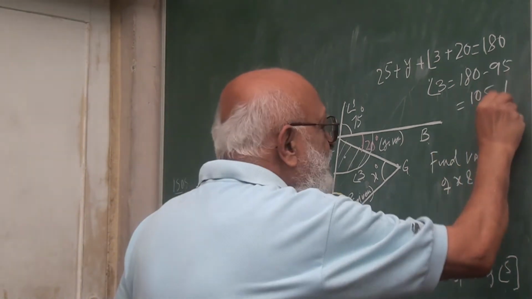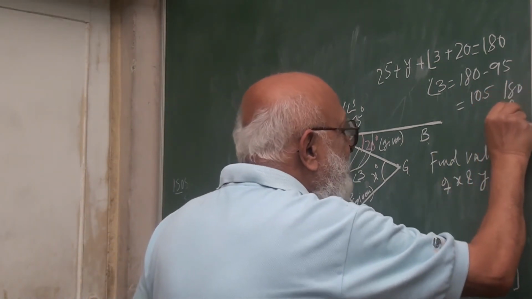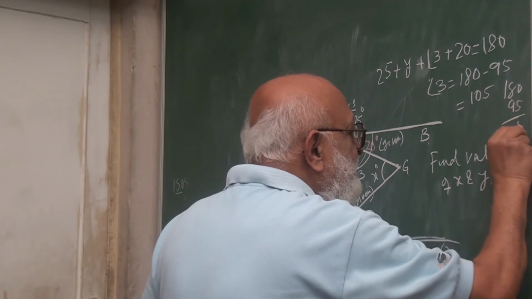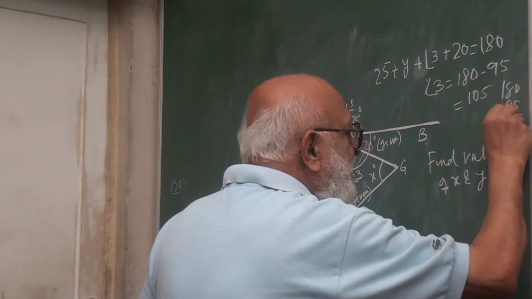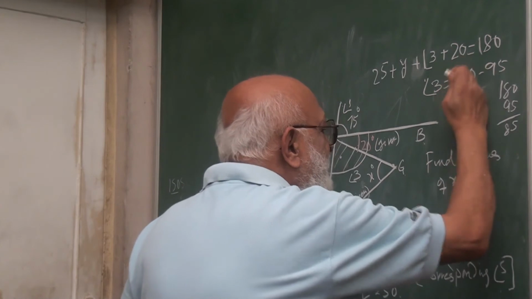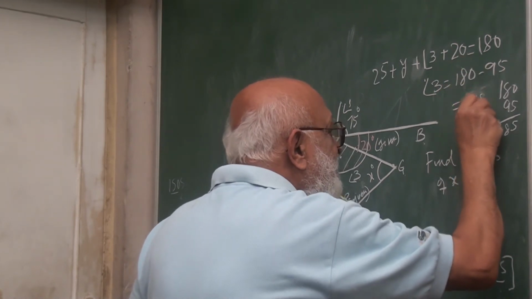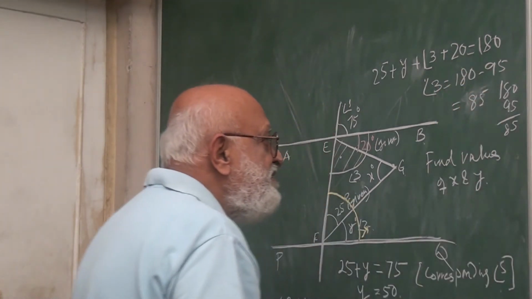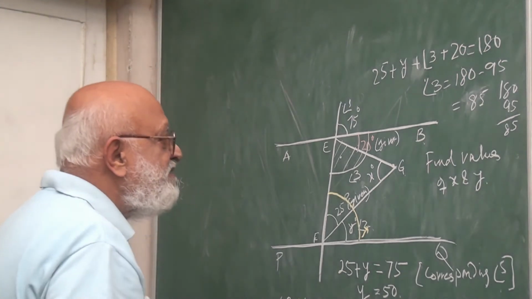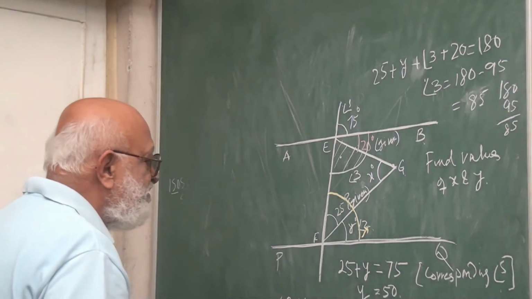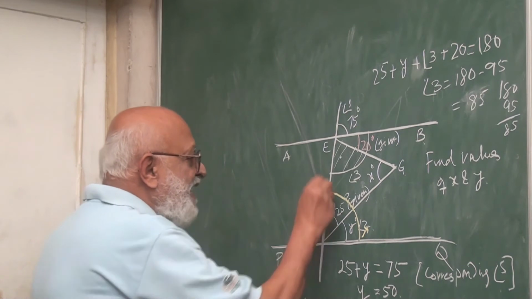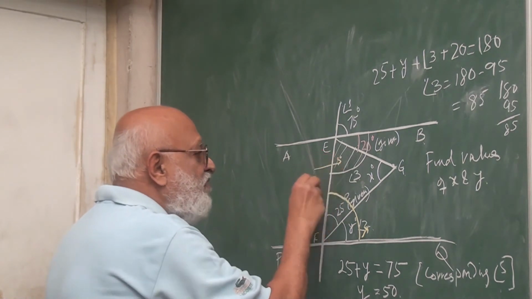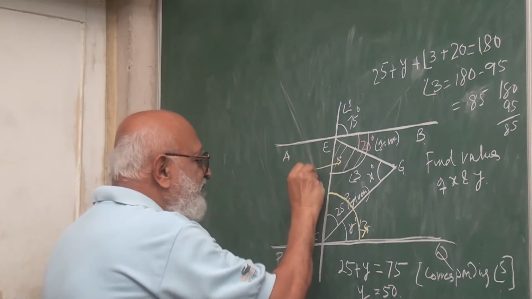Oh, let me do it again, because I have some problem with this. It is 85, not 105. That is equal to angle 3. So this angle is now equal to 85 degrees.